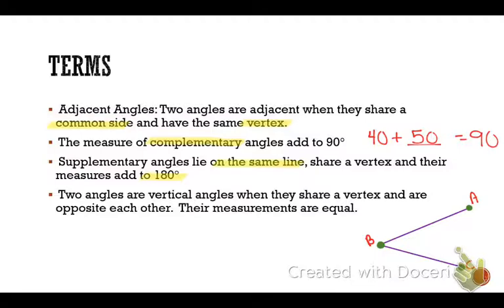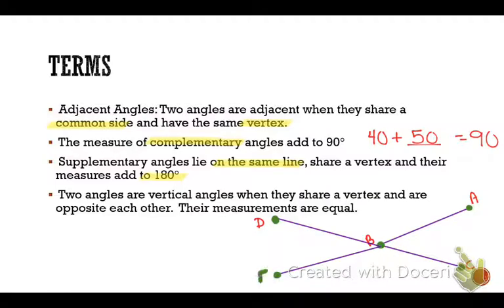Then we have vertical angles. Vertical angles share the vertex. Okay, so let's say I'm going to kind of extend off this diagram a little bit. All right, and I'm going to try to get it exact. It might not be quite perfect. But vertical angles are opposite each other and they share the same vertex.